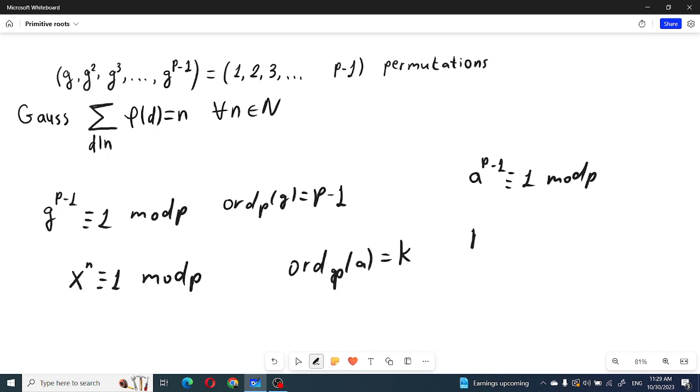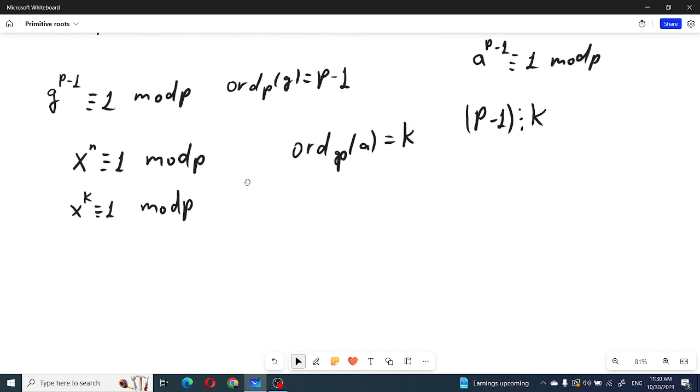So p minus 1 must be a multiple of k. And now look at numbers x to the k equals 1 mod p. We know that we will have at most k numbers which have this property, x to the k equals 1 mod p. And now let's show what type of numbers they will be.